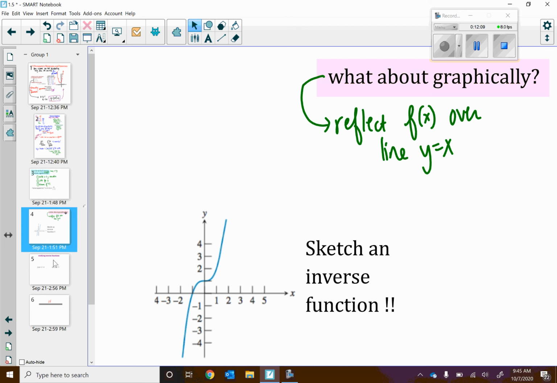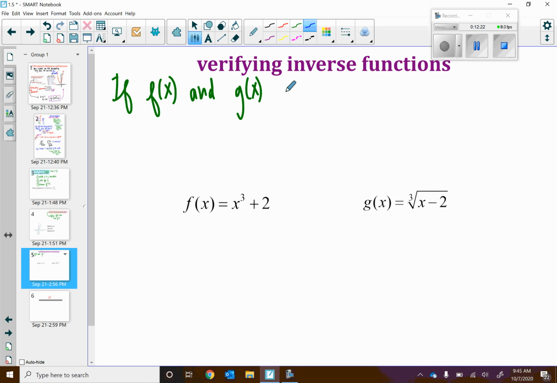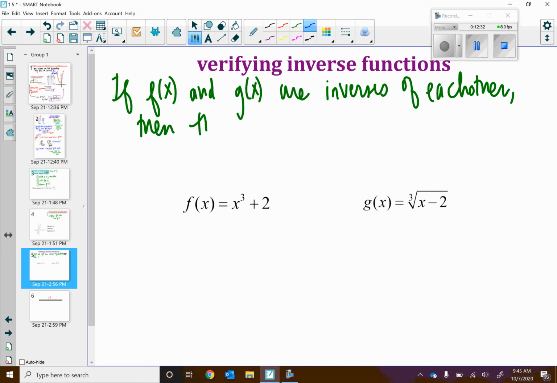And then the last thing is to verify if two functions are inverses. So why are inverses important? Well, if f of x and g of x are inverses of each other, then the following will be true.